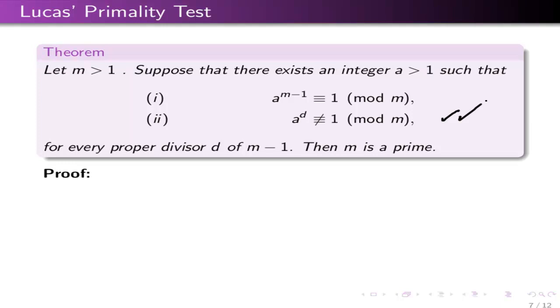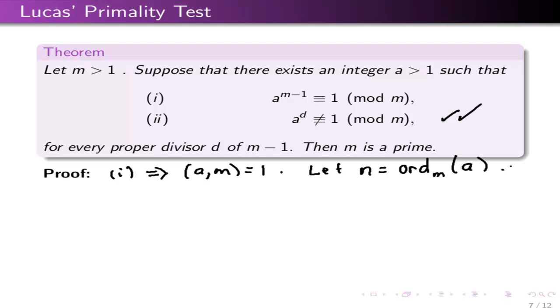Proof. Well, let's first note that condition 1 implies that a and m are relatively prime, because a to the m minus 1 is congruent to 1 mod m. Okay, so a is relatively prime, so we can talk about its order mod m. So let's let n be the order mod m of a.